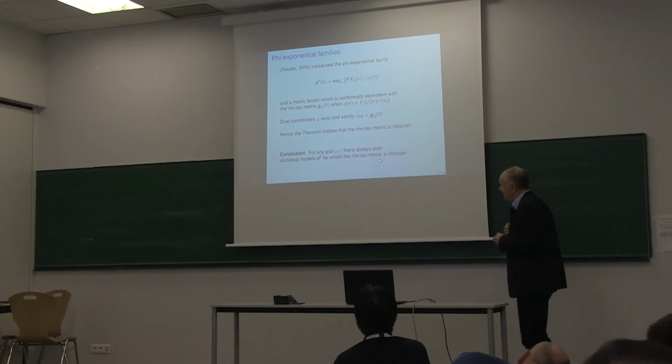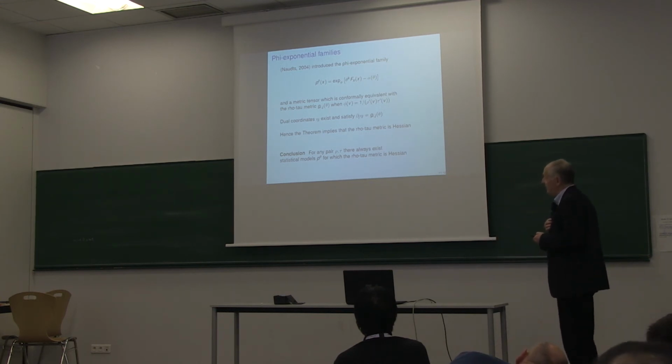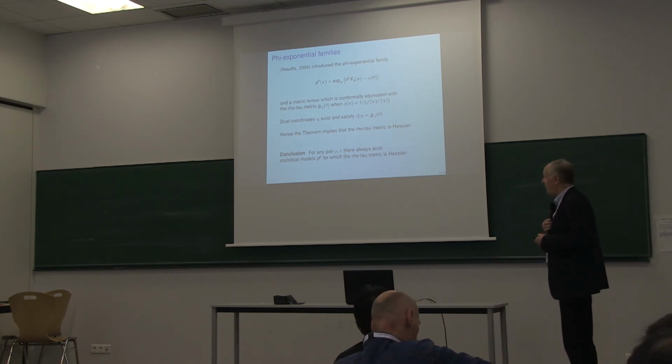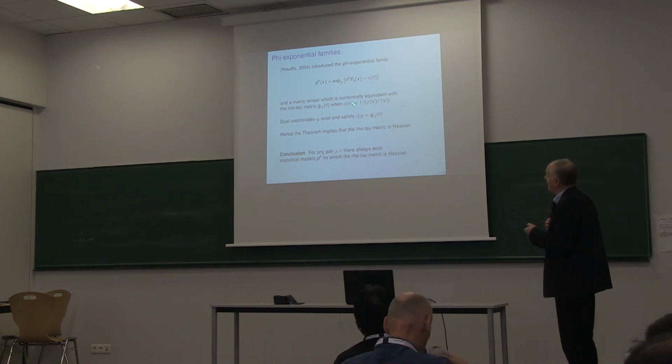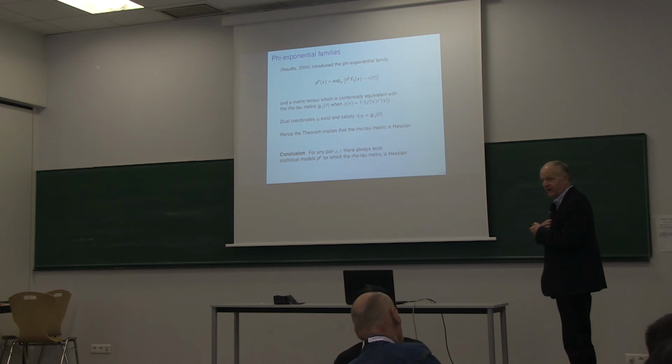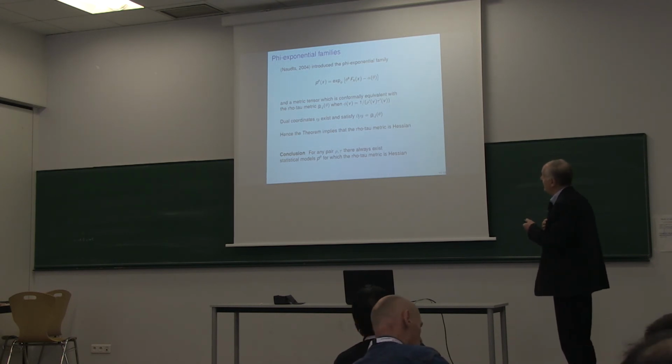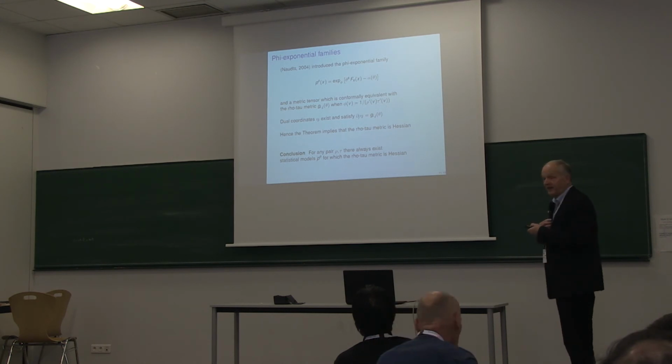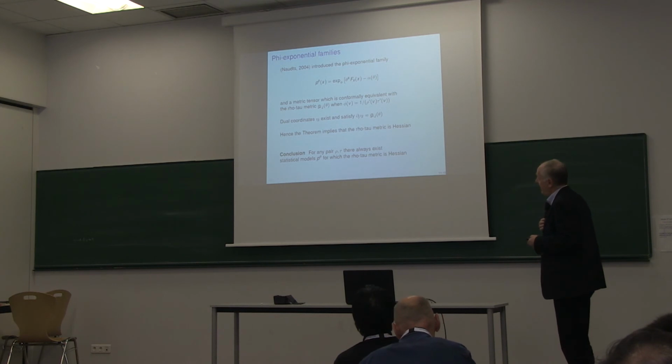So what can we do with this? We can conclude that for any arbitrary pair of rho and tau, there are always models for which the rho tau metric is Hessian, because you can define phi to be this 1 over rho prime tau prime, and then you can introduce those phi exponential families, and they have automatically a Hessian metric.